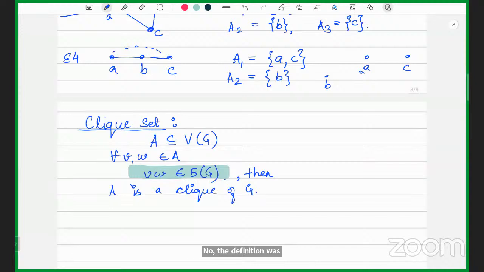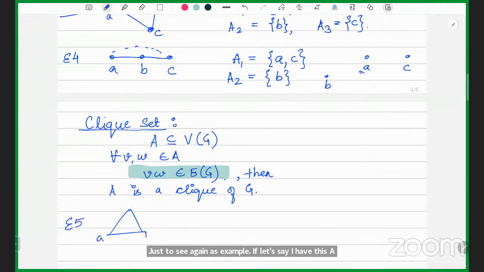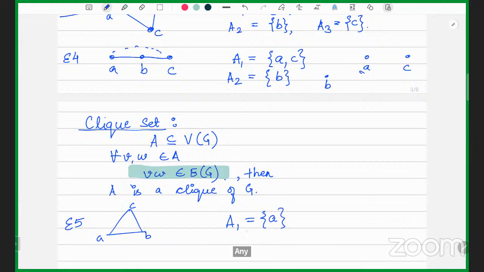Okay. So A is a clique if every pair of vertices of A has an edge between them. Just to see it again as an example, if I have this ABC, then if I choose any singleton set, by default, vacuously, it's a clique because there are no two vertices in it.